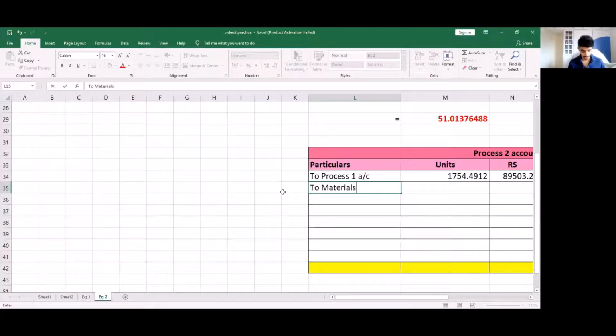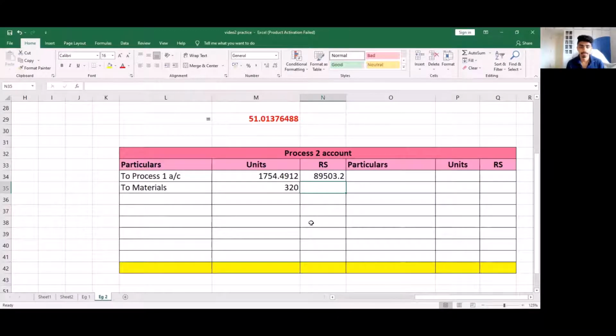We also have units in this question, 320. So this is nothing but extra units, or let's say units that have completed process 1 and you have in your store. So this becomes your input for this process as well, and it will increase your total number of output. So 320 at 64.